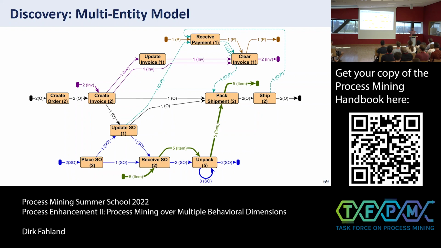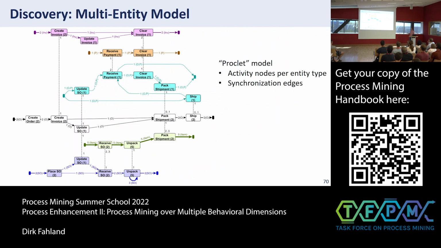I can also split this up by creating one activity node per entity type, right? So now instead of merging the clear invoice or the update SO activity nodes together, I have one per entity type and then add the synchronization edges. Maybe that's a bit easier for you to see and recognize.